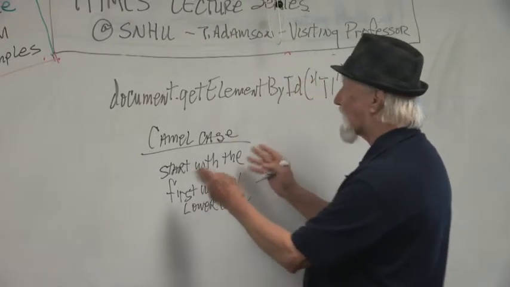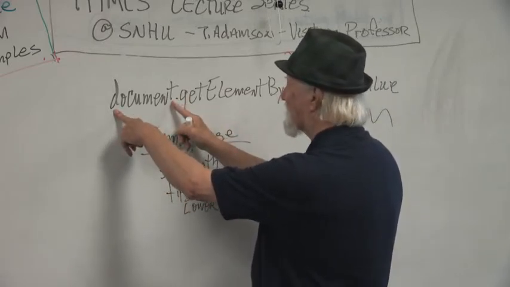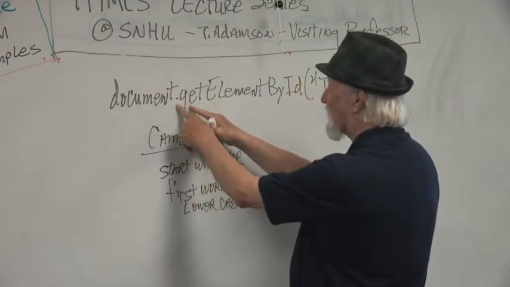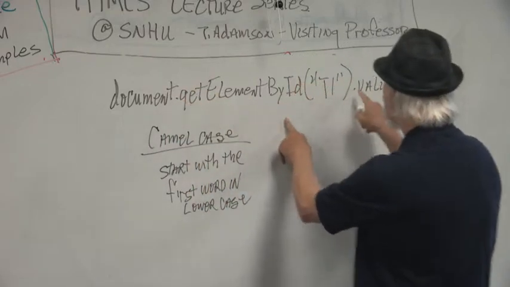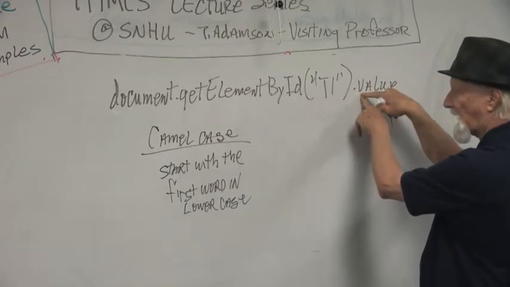So if I look at the phrase, the first word here is document, and it starts lowercase. Dot, new phrase. Get, well, this is the first word, it starts in lowercase. By ID, dot, new phrase, value. This is the first word, starts in lowercase.